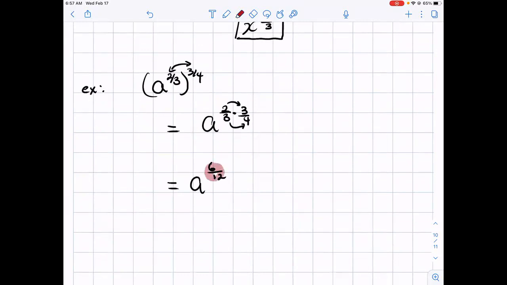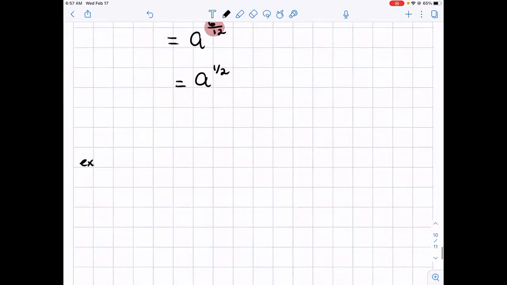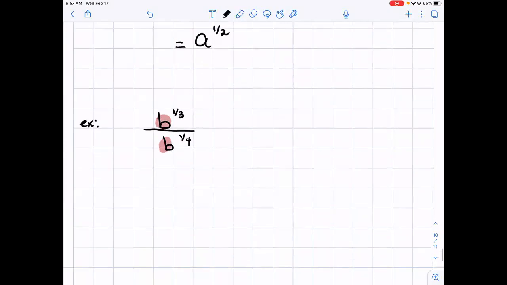And we can simplify this. 6 over 12 is the same as a to the 1/2 power. When we divide, if we have b to the 1/3 divided by b to the 1/4, the bases are the same. When the bases are the same, we keep the base and we subtract the exponents, which is 1/3 minus 1/4. Always the numerator first.